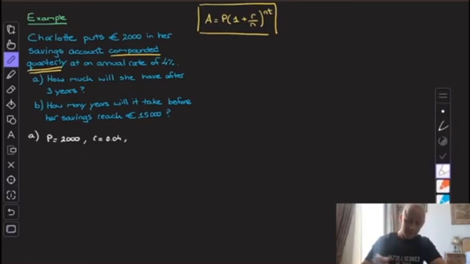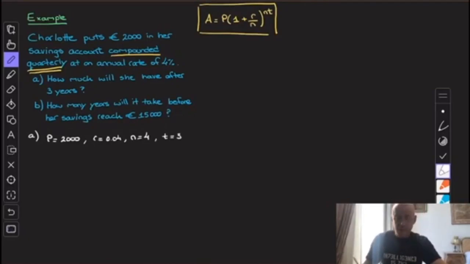So in this instance, when we say compounded quarterly, it means that N is equal to 4. Okay? T is time in years. Fine, we'll get to that in a second. We're interested in how much she will have after 3 years. So in this case, T will be equal to 3.